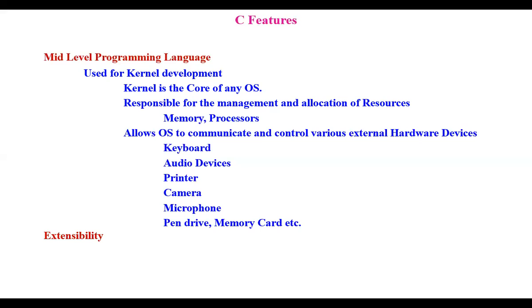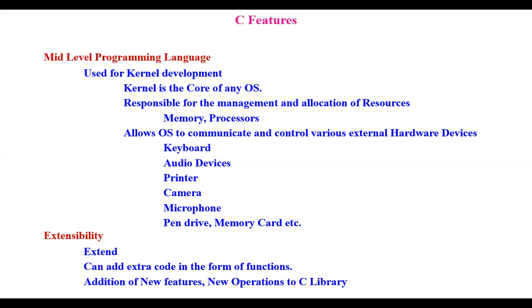Next comes extensibility. You can extend this programming, like you can add extra code in the form of functions. The important feature here is you write a number of functions and you can call it extending the available C. Like we have written a program for a function, and that function can be used a number of times repeatedly.